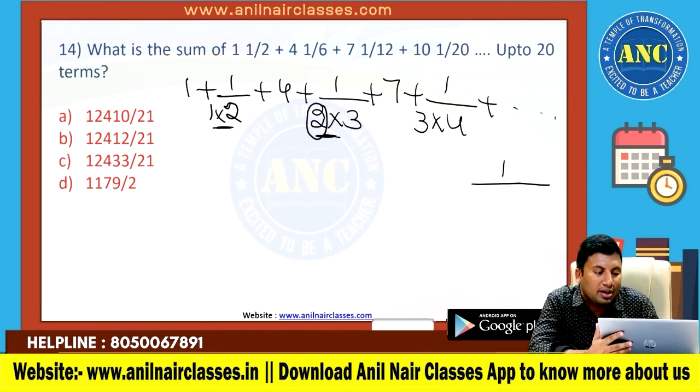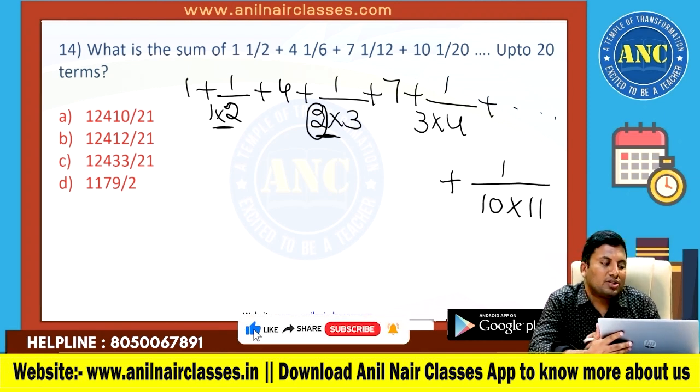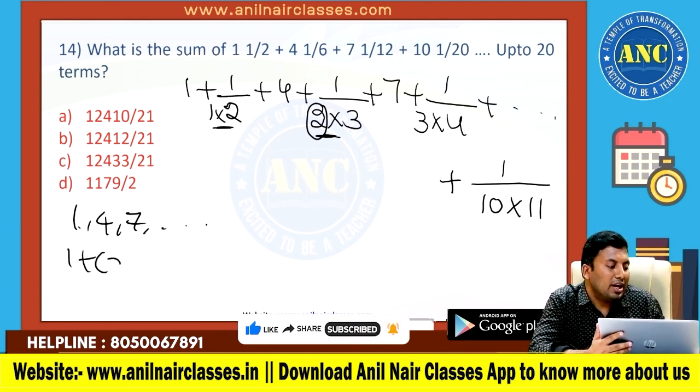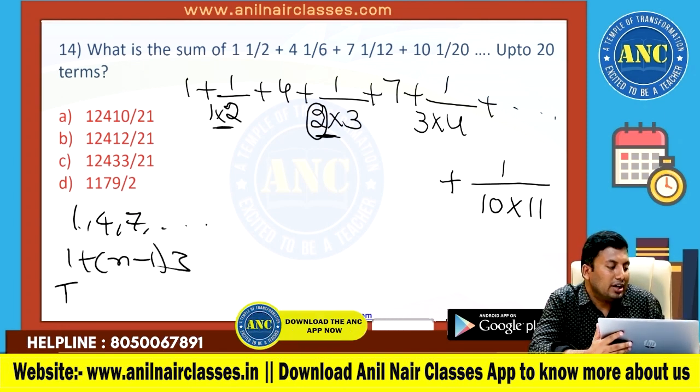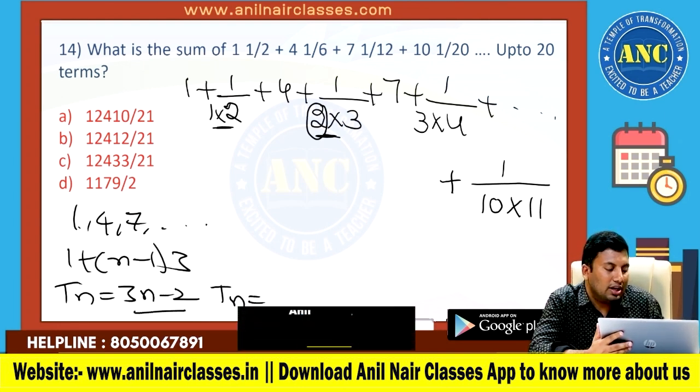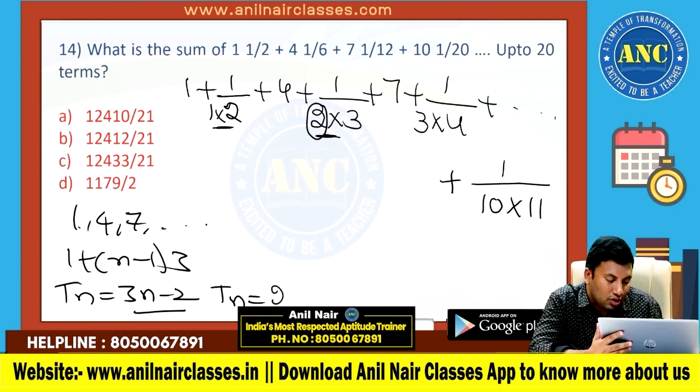Tenth term denominator is 1 by 10 into 11, plus 1 by, here it is 1, 4, 7 and so on. A plus n minus 1 into d. Tn is nothing but 3n minus 2. So, Tn is 30 minus 2, 28.